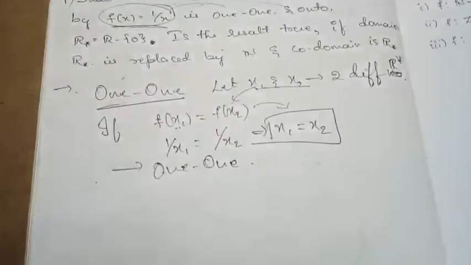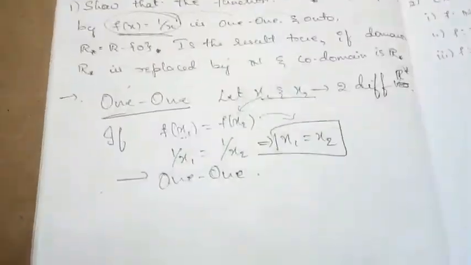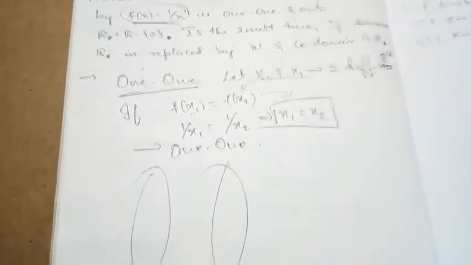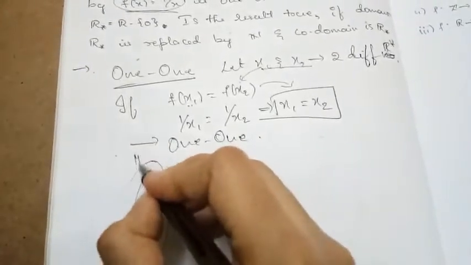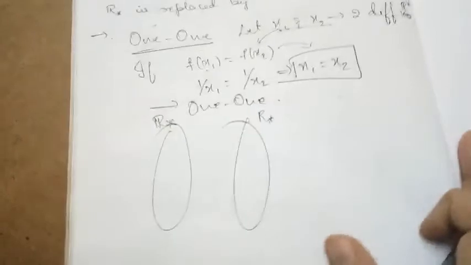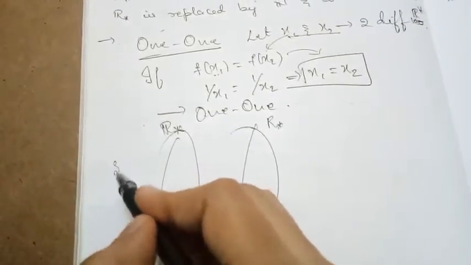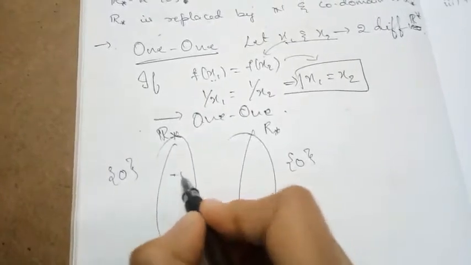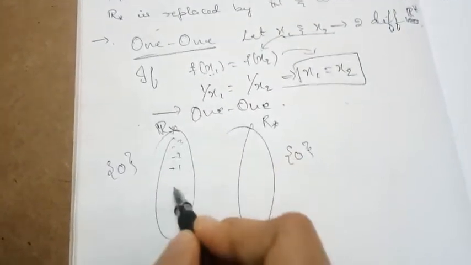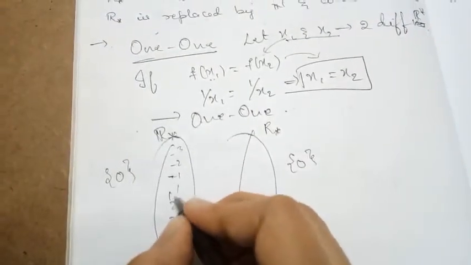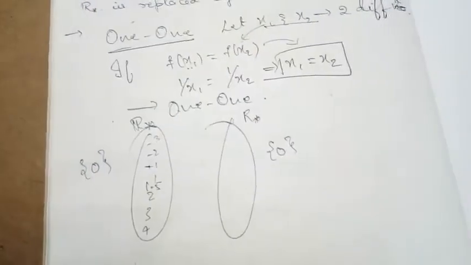Now, to prove it is an onto function, before proving it, let us get a feel for what the function is. It is a function from R star to R star, which is the set excluding 0, so I'll keep that 0 outside. The set has -1, -2, -3, 1, 2, 3, 4. To feel it is a set of real numbers, I will write one or two decimal numbers.